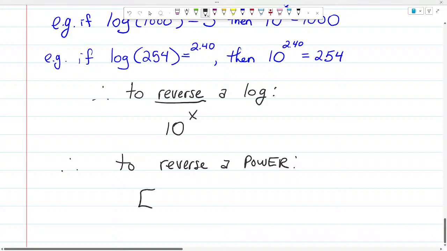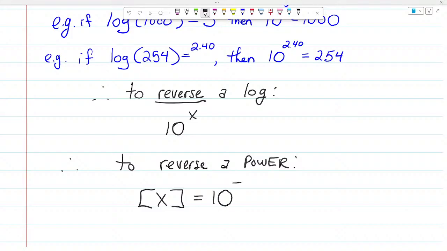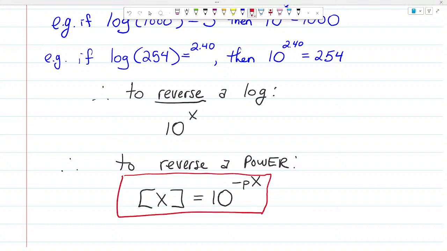The concentration of whatever it is we're talking about is just 10 to the negative exponent of whatever the px of that is. If you want to reverse it, if you are given pH and you want to know the concentration of H+, it's trivial. You just do 10 to the negative pH. If you're given pOH and you want to know the concentration of OH, no problem. You just do 10 to the negative exponent. That undoes it. And if you understand the math of it, great. If not, this is going to be on your formula sheet. Just make sure you can plug it into a calculator and you'll be fine.